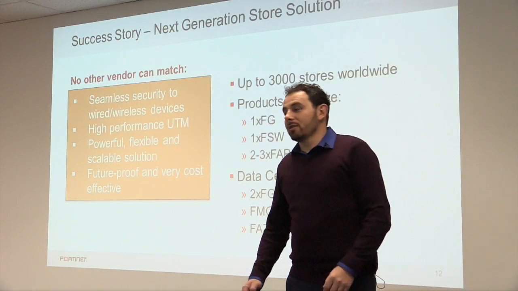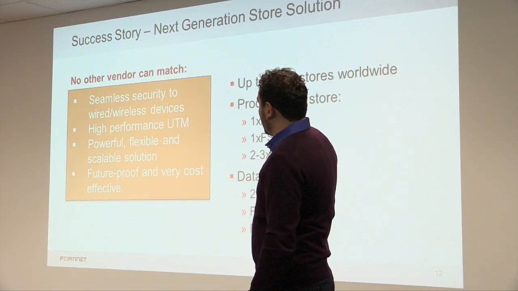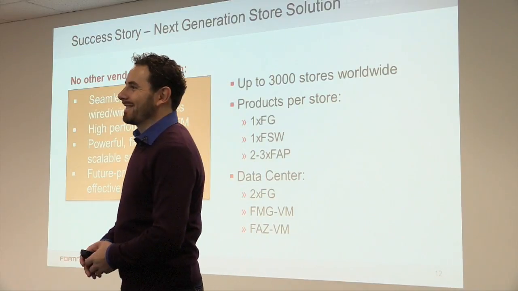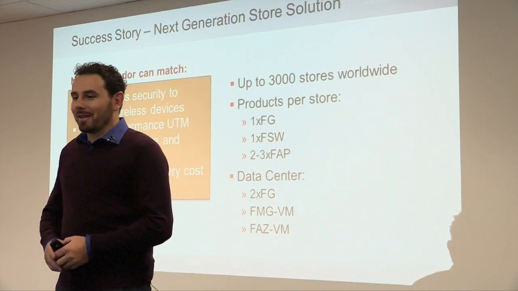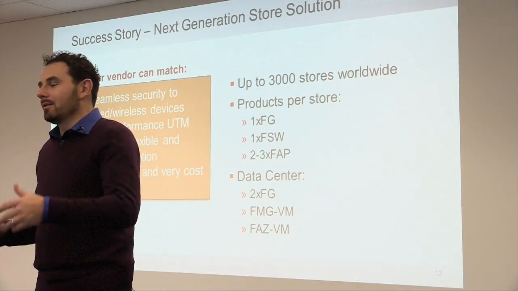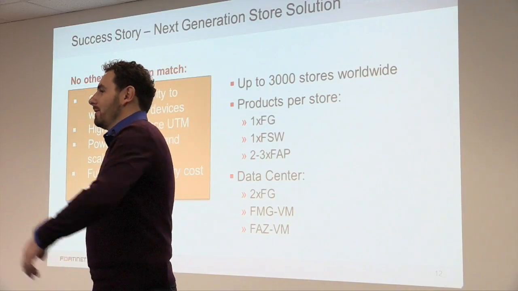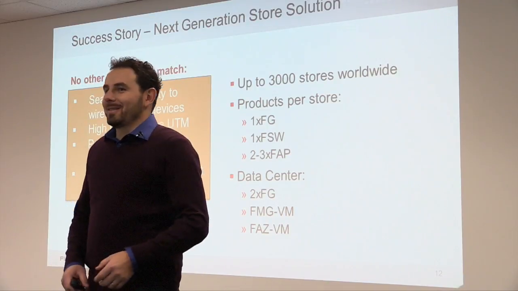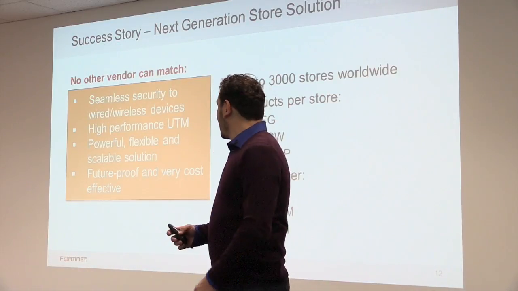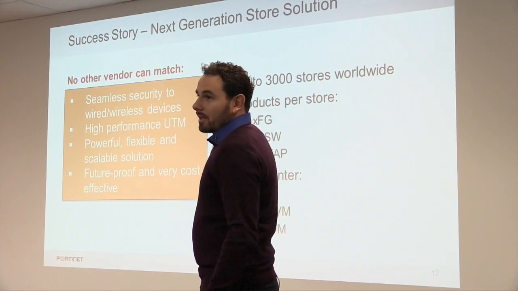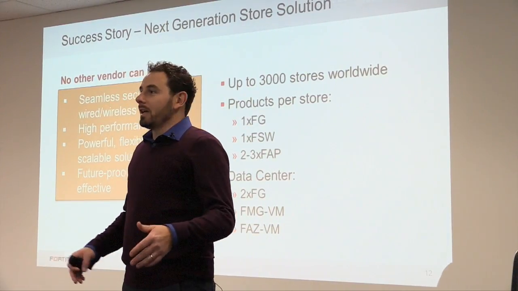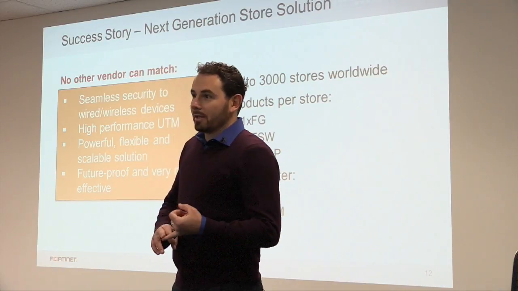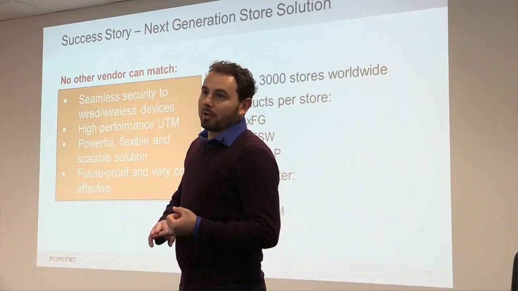This success story, it's a slide I stole from marketing also, about a customer that we have worldwide. Probably you have jeans from this vendor, so you probably know what I'm talking about. Meraki was the competitor, and Fortinet really could offer the best solution. A solution that is scalable, that can be deployed easily.